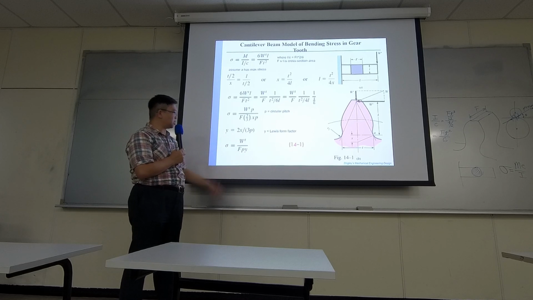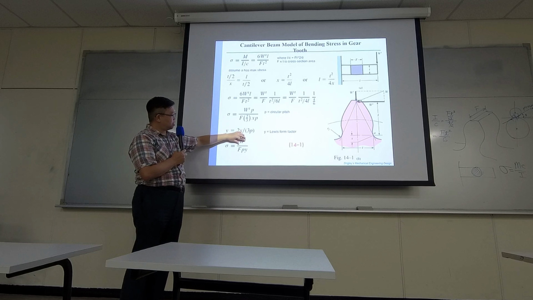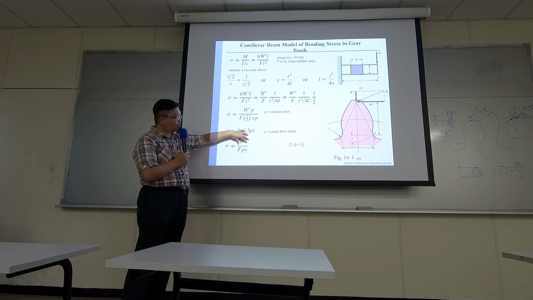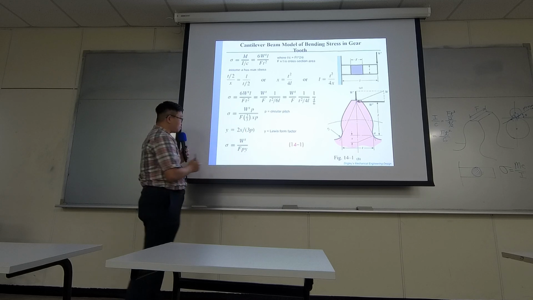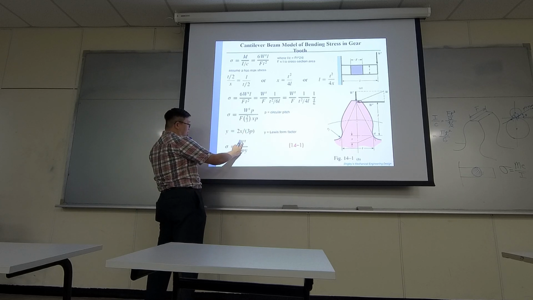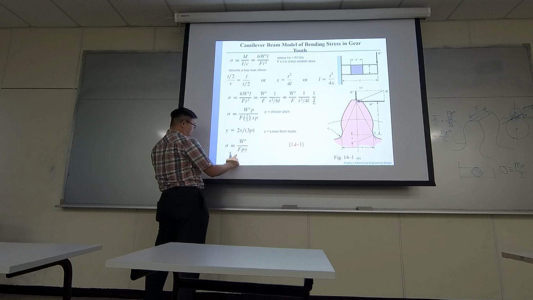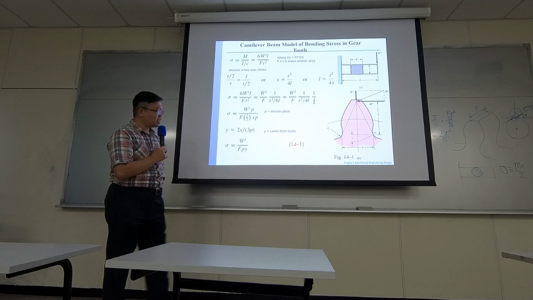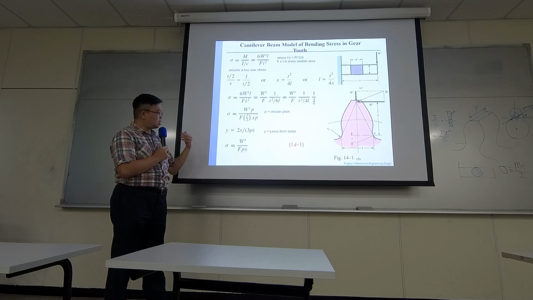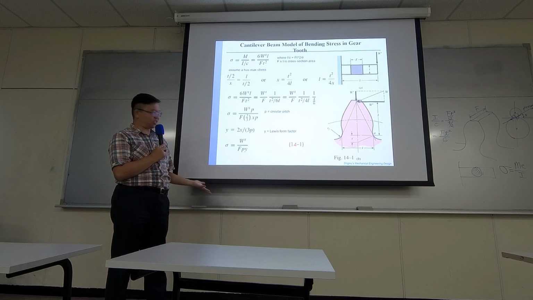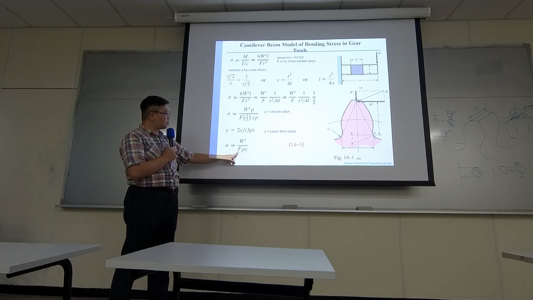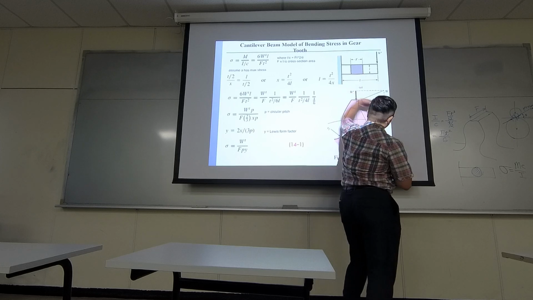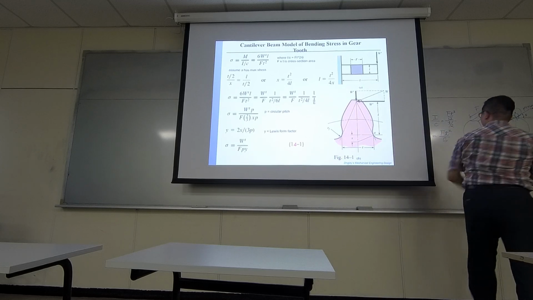So what does this mean? Stress usually is force over area. So this is still our force. How about this area? This is more like an equivalent area. F still is the width right here, the thickness right here.